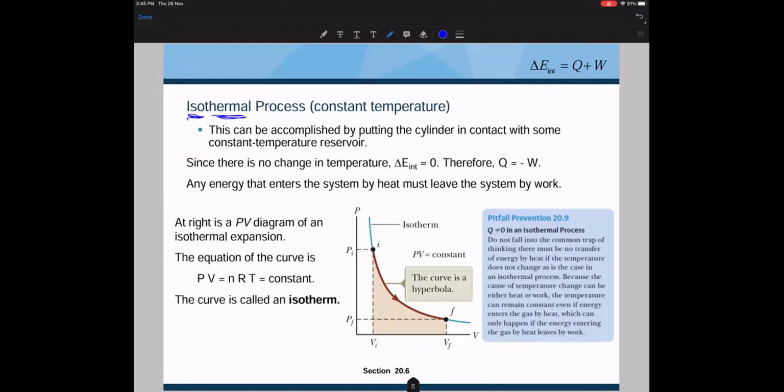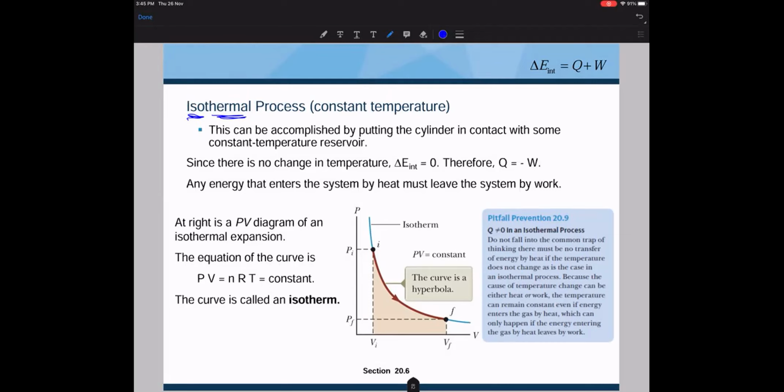So the constant temperature process refers to a process from the initial state to the final state, such that there is no change in temperature. So here you will see a curve, which we usually call the isotherm, meaning constant temperature line.